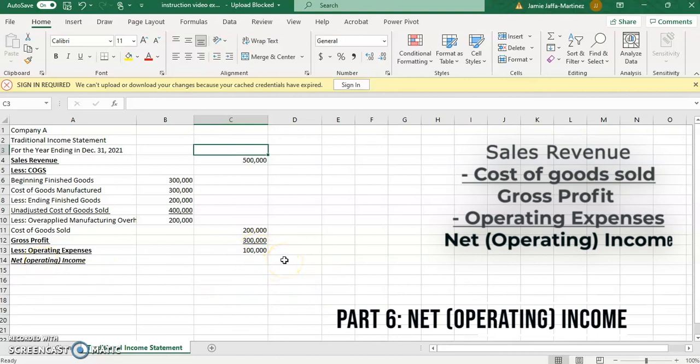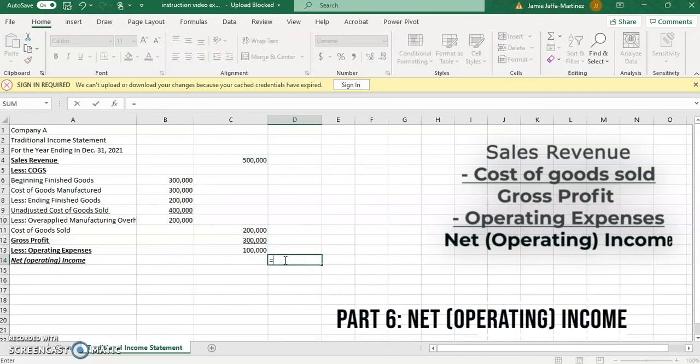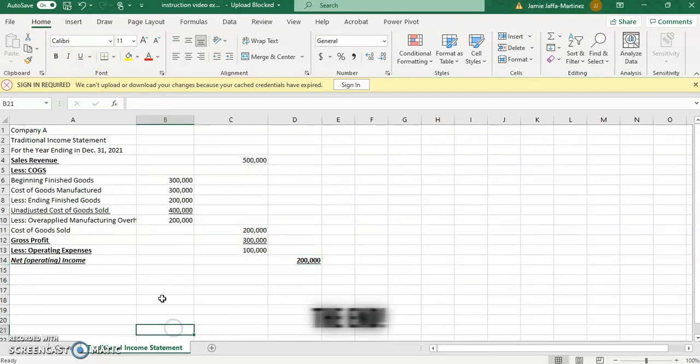The net operating income is calculated by taking the gross profit minus the operating expenses. So we take the gross profit amount minus the operating expenses, and that is our amount for net operating income. We also bold and underline this. That's it. This is our traditional income statement.